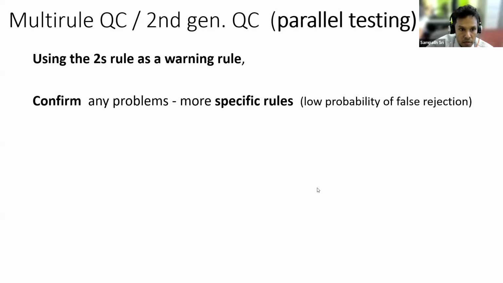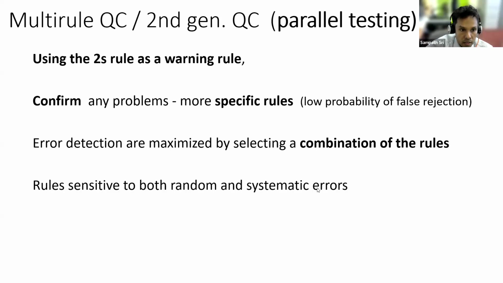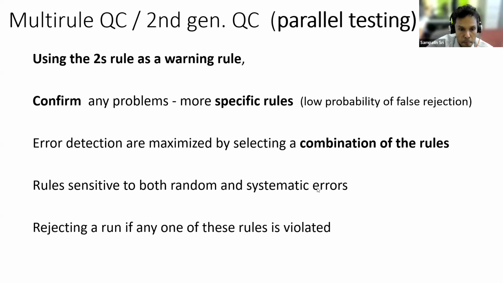Then we confirm any problem with more specific rules which have a low probability of false rejection. So error detection is maximized by using a combination of rules. These other rules are more sensitive for both random and systematic errors, so we can reject a run if any of the other rules are violated.